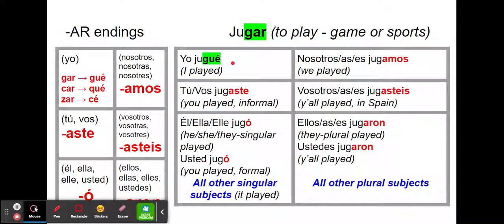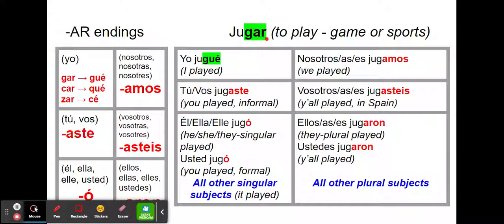Jugué al voleibol, jugué al fútbol, jugué al béisbol. I played. Now, after the yo form, we don't have the U anymore. That GUE with an accent mark only shows up in the yo form. After that, it's conjugated normal. So my stem is JUG.